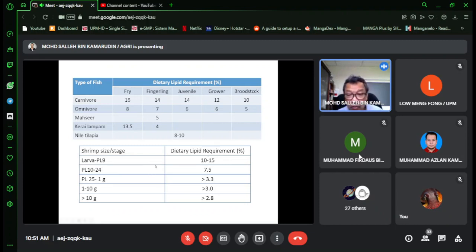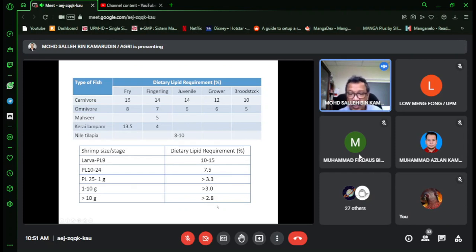This is for monodon. If you look at it, the requirements when at larva is about 10 to 15, and then PL 10 to 24, they require about 7.5, but as it grows, they slightly more, tapi tak boleh less than 3 in their diet.